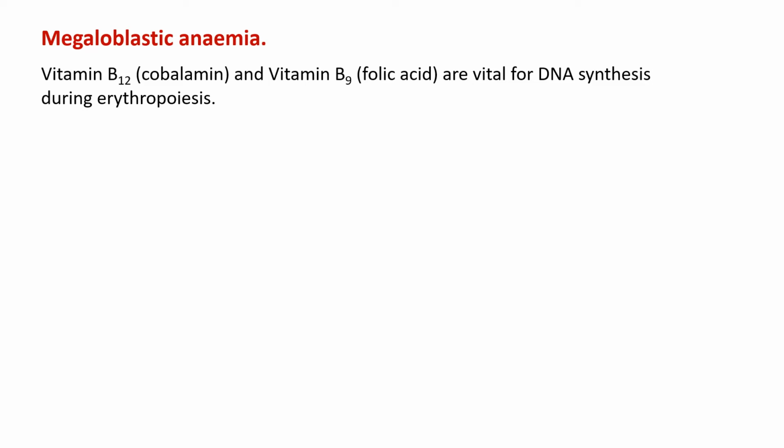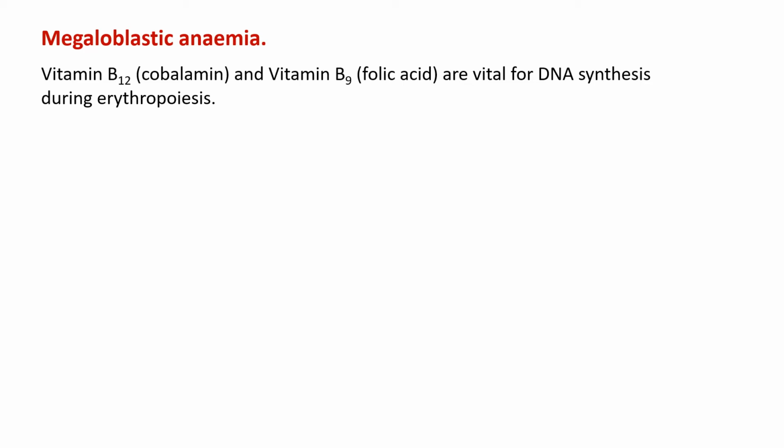Which brings us on to megaloblastic anemia. Megaloblastic anemia is all about vitamin B12 or vitamin B9 deficiency. Both of these vitamins are vital for DNA synthesis during erythropoiesis, so during the formation of new erythrocytes in the bone marrow.